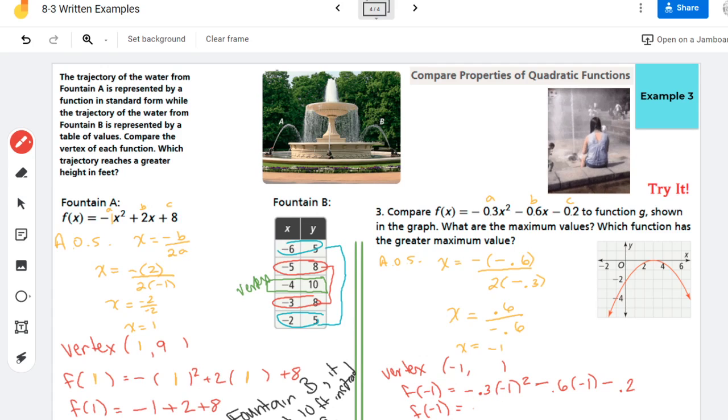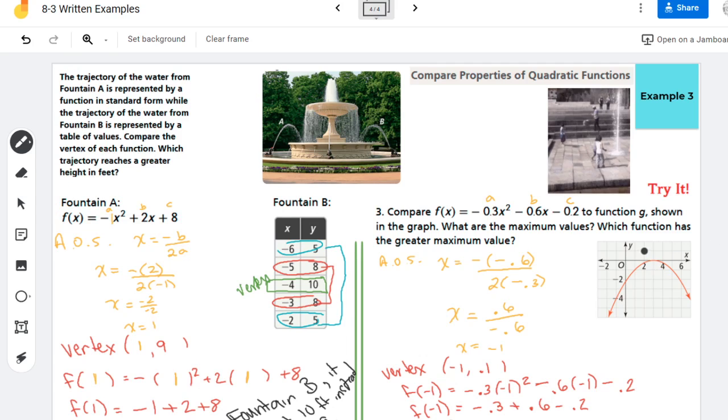Times -0.3 is -0.3. -0.6 times -1 is +0.6. And then that -0.2 comes down. Then we can collect those like terms. So -0.3 and -0.2 makes -0.5. So 0.6 minus 0.5 gives me 0.1. So this vertex is at (-1, 0.1).